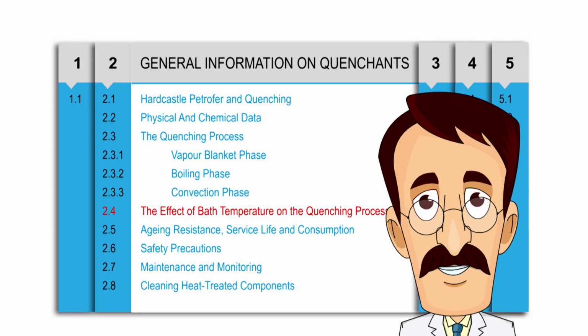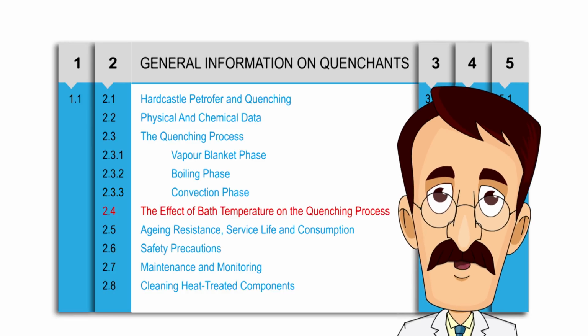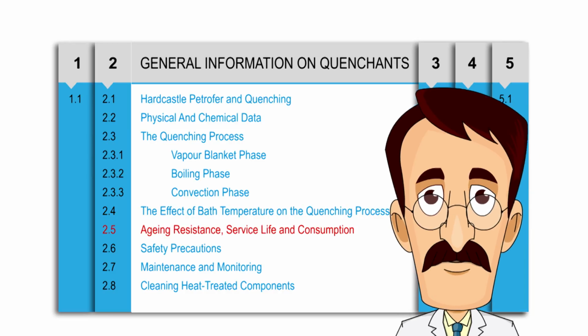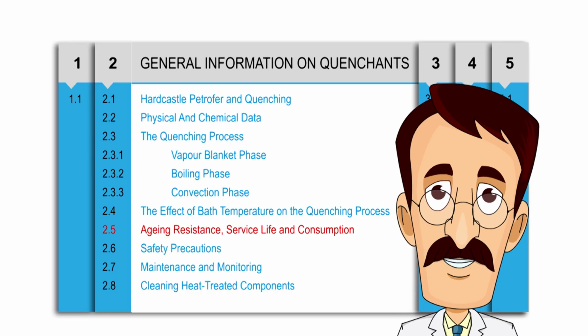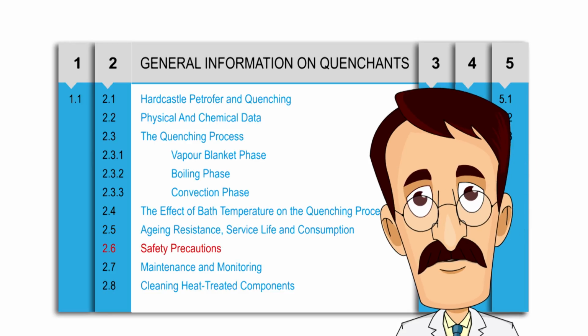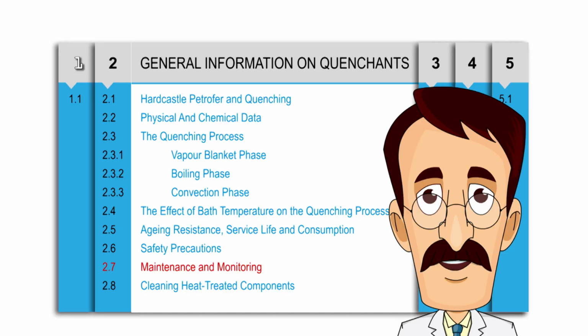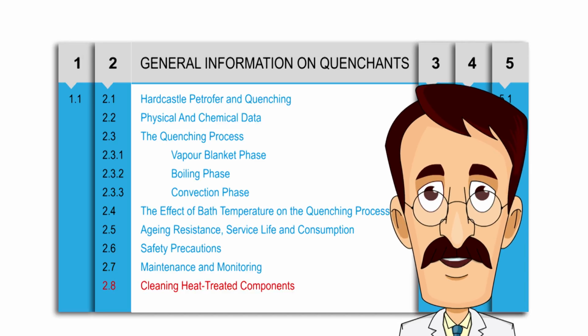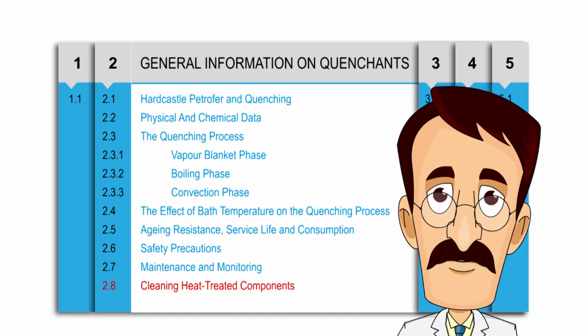We will also discuss the effect of bath temperature on the quenching process, aging resistance, service life and consumption, the safety precautions required, maintenance and monitoring of quenchants, and finally, cleaning heat-treated components.